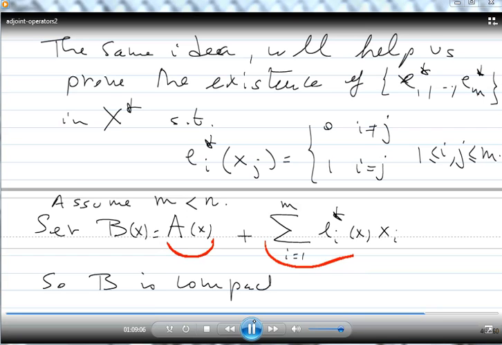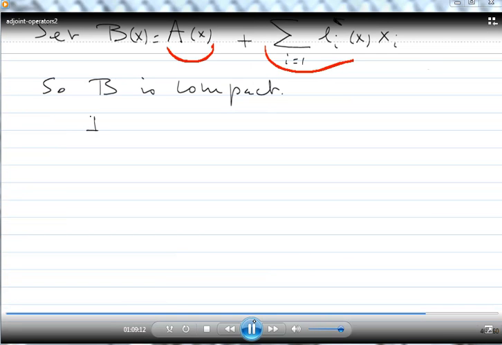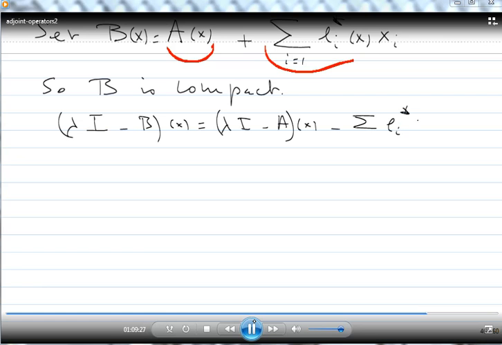Also we have lambda I minus B of x equals lambda I minus A of x minus the sum of ei star of x times xi, from 1 to n.